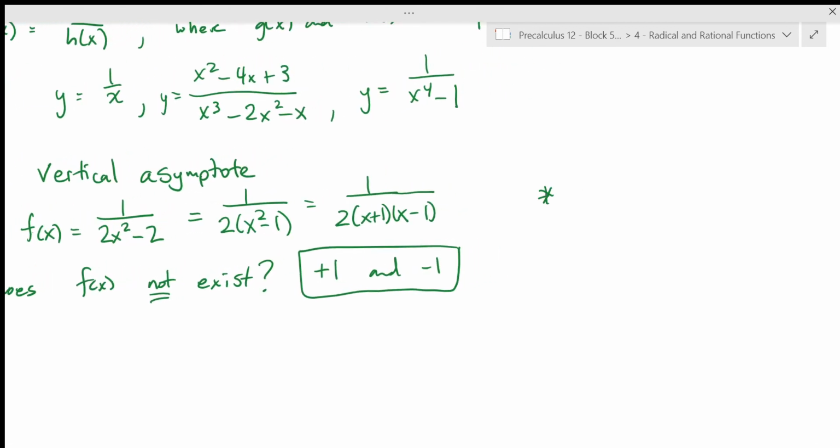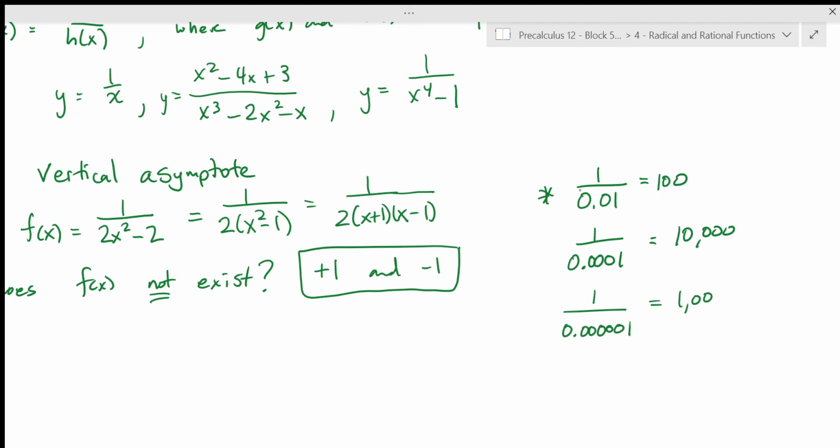Okay. If I take 1 divided by 0.01, this is not related to the function, just thinking about what happens when we divide by really small numbers. I get 100. If I do 1 divided by 0.0001, I get 10,000. If I do 1 divided by 0.000001, I get 1 million.